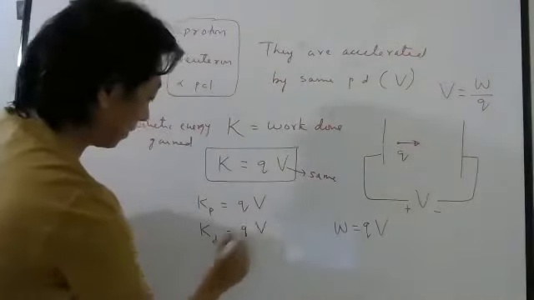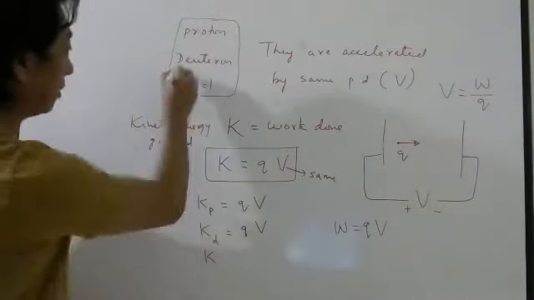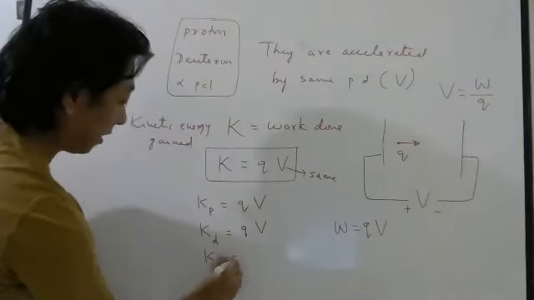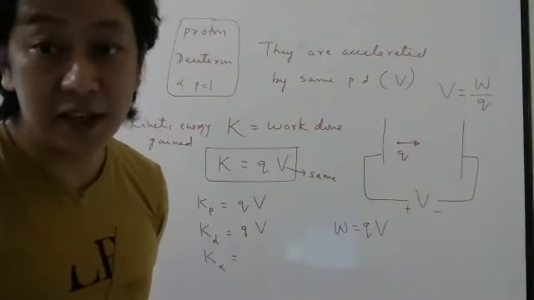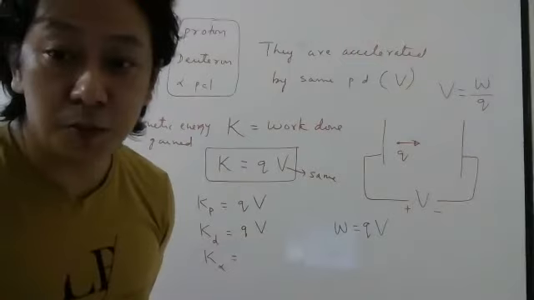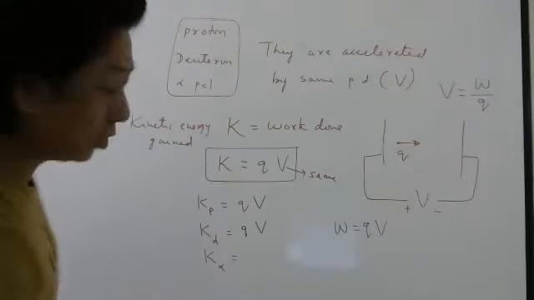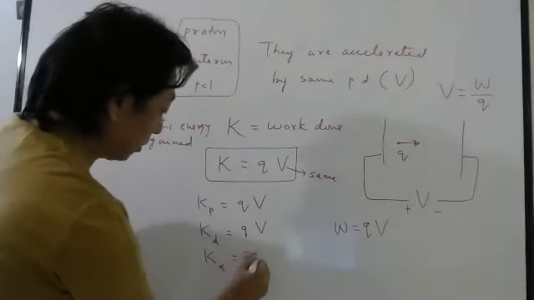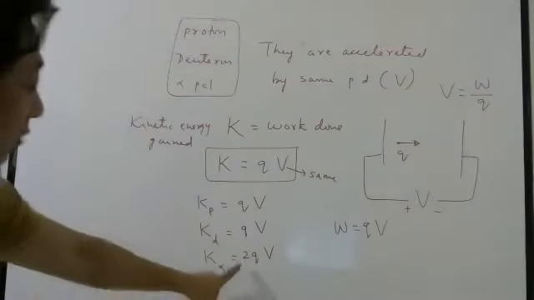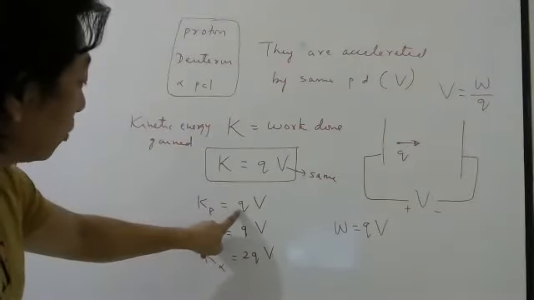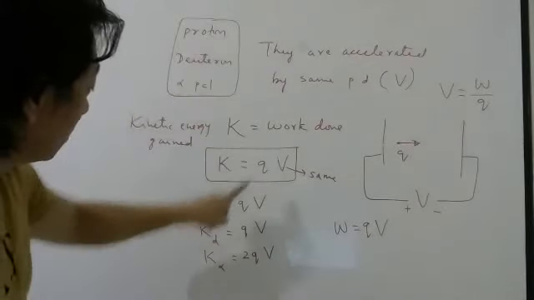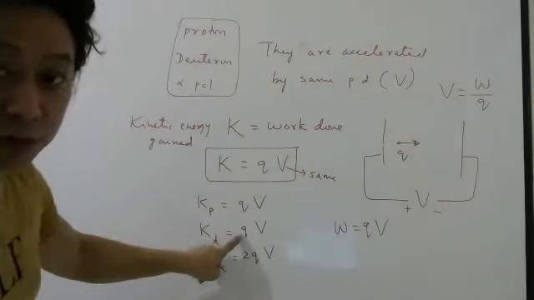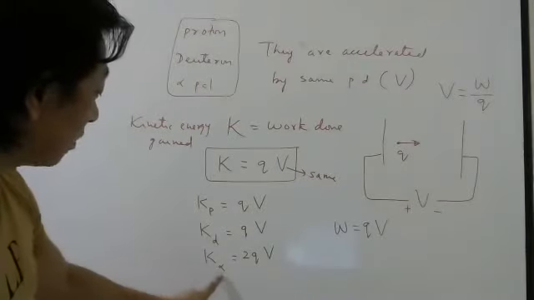And kinetic energy of alpha. Alpha is nothing but helium nucleus. So there will be 2 protons. Yeah, 2Q is correct, Nisarga. 2Q into V. So charge will be 2Q. If you write for proton Q, then for deuteron also Q because it is isotope, and for alpha it will be 2Q.